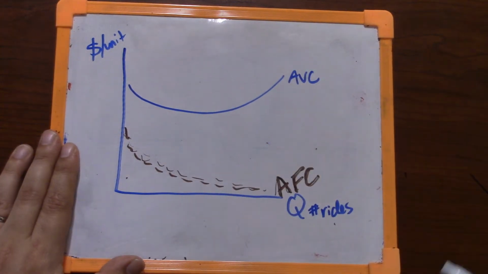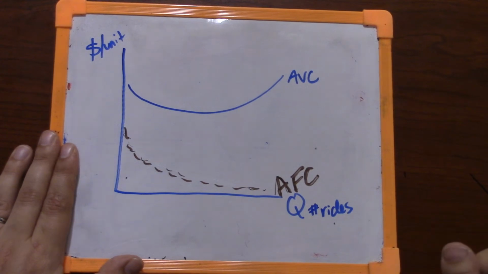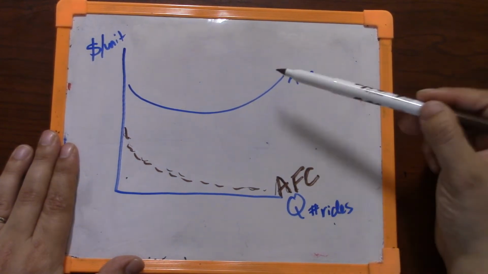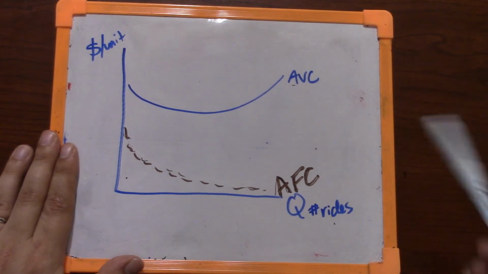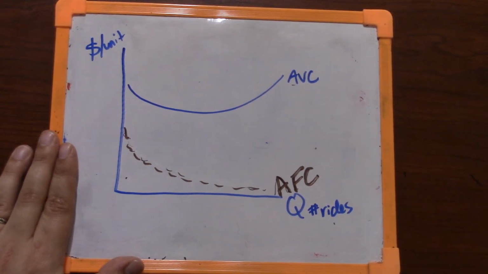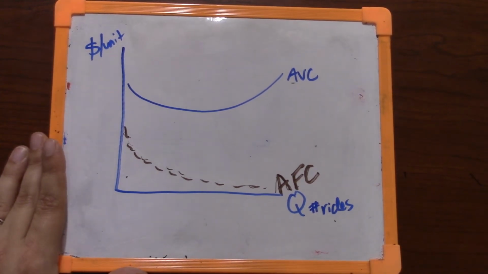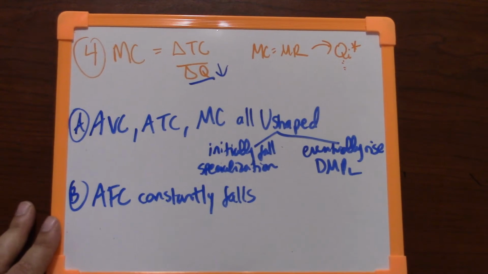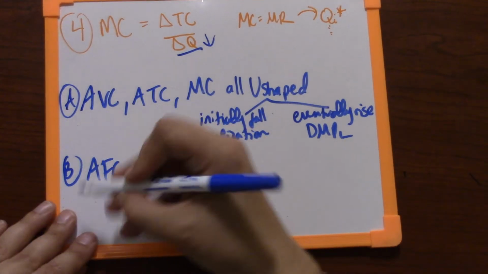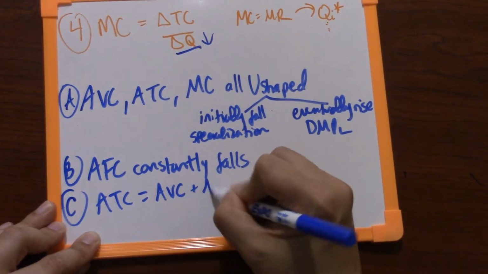And the reason why I dashed it is because, as you saw in chapter 14 and 15, we hardly ever use it, right? It's kind of implicitly in our graph based on the difference between average variable and average total cost, which we'll talk about in a second. But we don't use it on its own to decide anything in chapter 13 and 14, so it's less important, which is why I dashed it. Now, the next important concept from our cost curves is that average total cost is equal to the sum of average variable and average fixed.